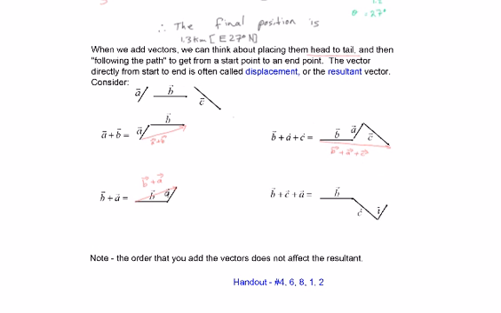So basically you need to realize that if we have these vectors and we're adding them, it doesn't matter which order we add them, the resultant red vector will always be the same.